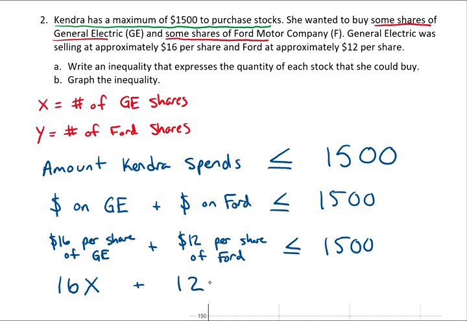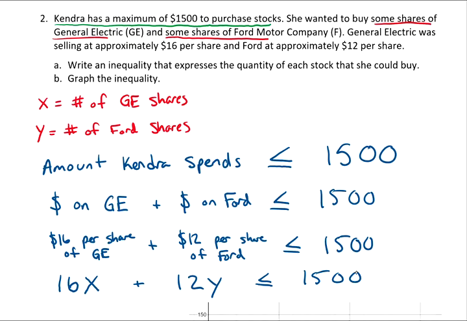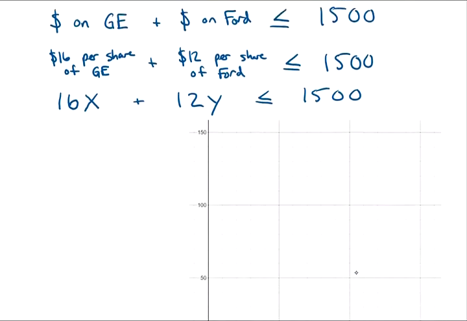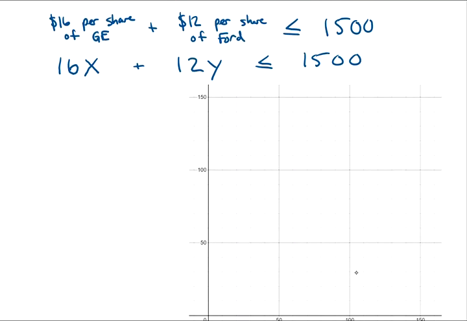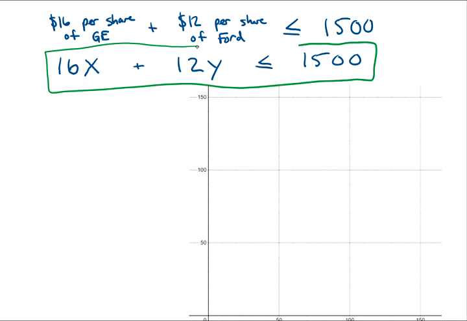That would be 12 times Y is less than or equal to 1,500. So that works for our inequality for the number of shares she could buy.